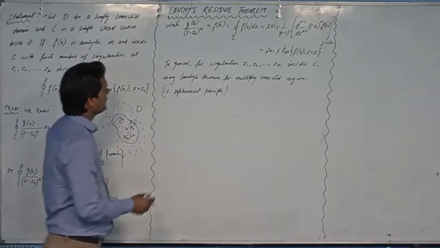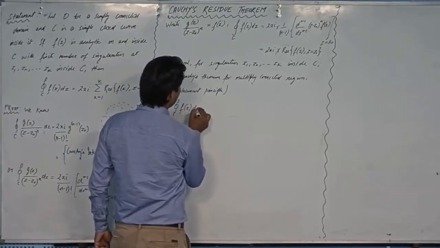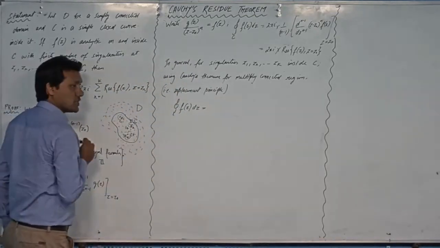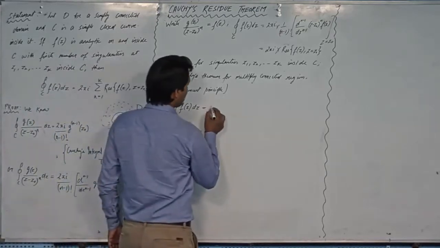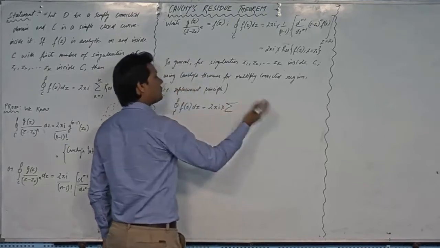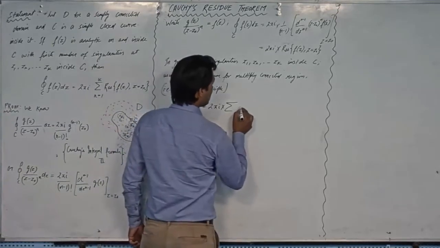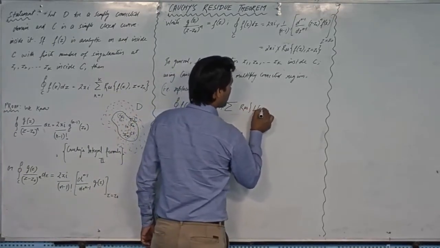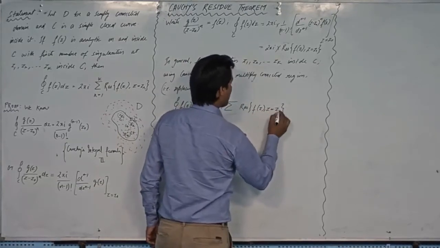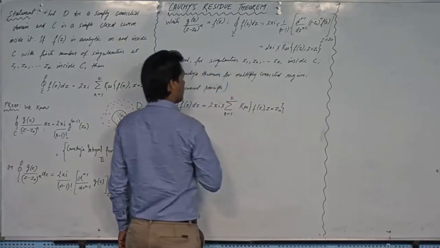We get this result: the integral over C of f(z) dz is equal to the sum of the integrals along these small circles, and we add them all. So 2πi times the summation, because all of those residues will be added up, of the residue of f(z) evaluated at z equal to zn, where n goes from 1 to k.